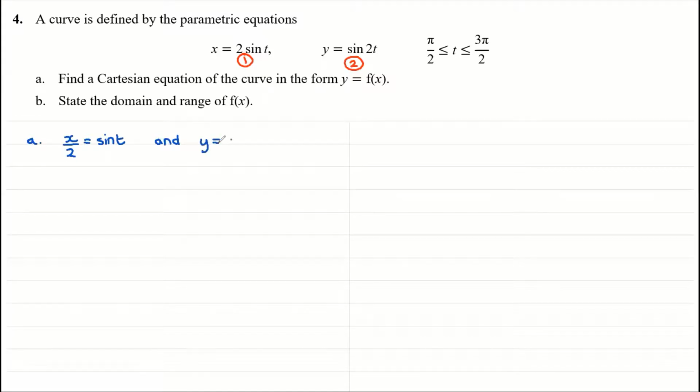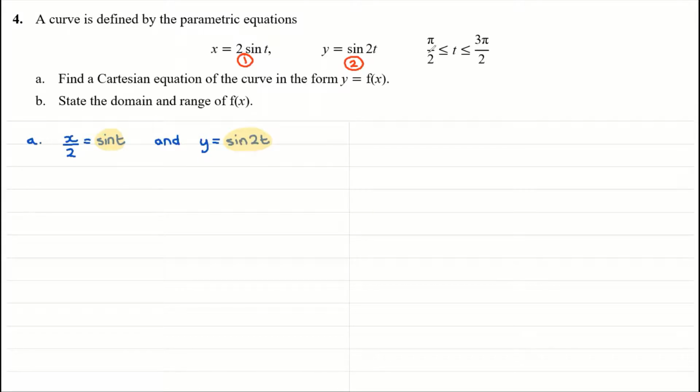Now we're stuck with y is equal to sine 2t. So we have to think of a trig identity that we know really well that links together sine t and sine of 2t. Well, we only have one option. And our only option is the double angle identity for sine.